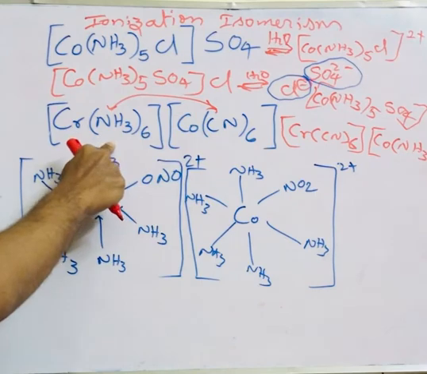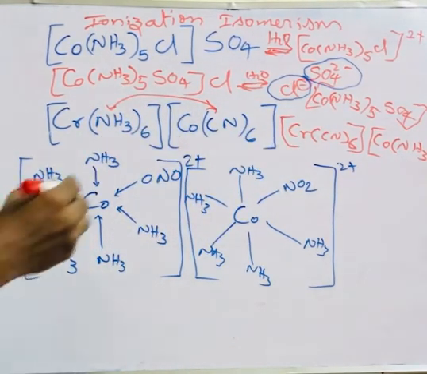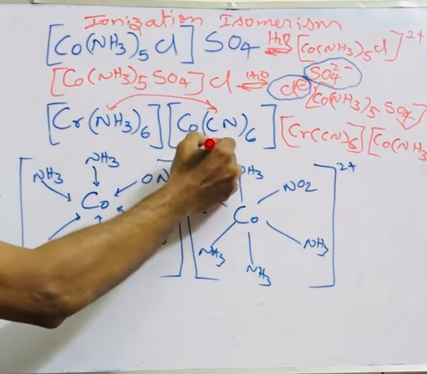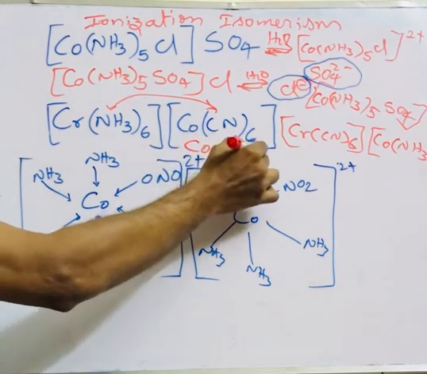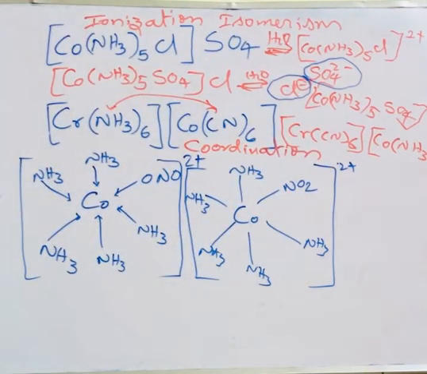So this and this are called coordination isomers, coordination isomerism. So whenever you see two coordination complex ions, we can tell that it can have coordination isomerism.